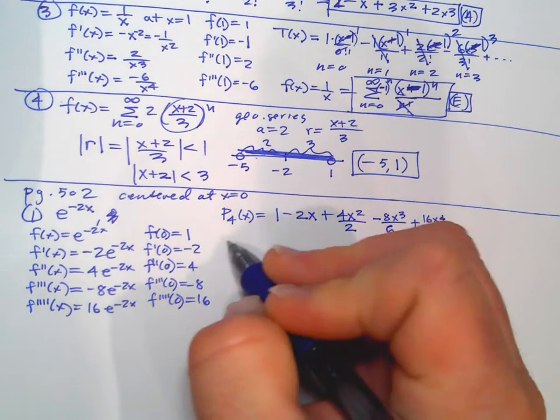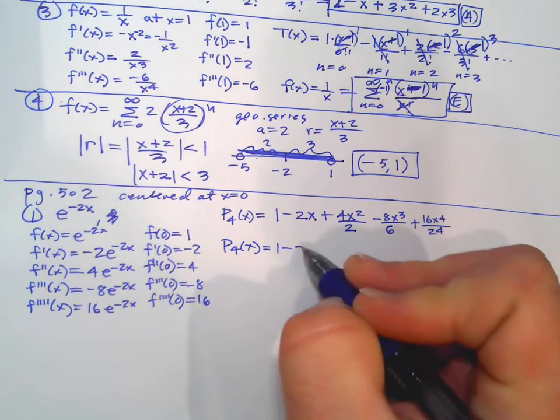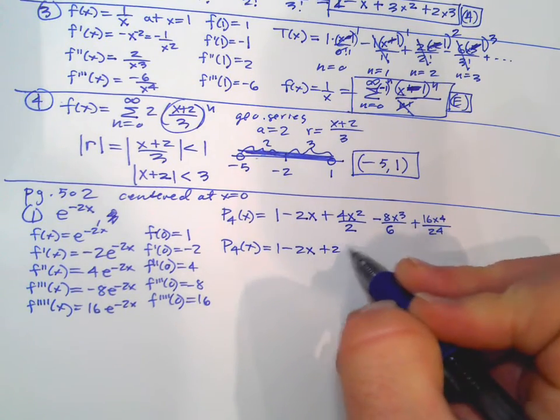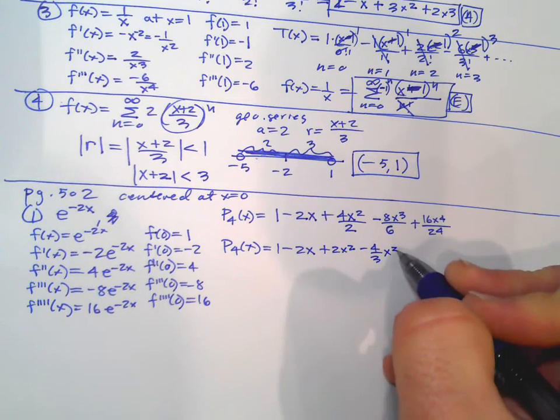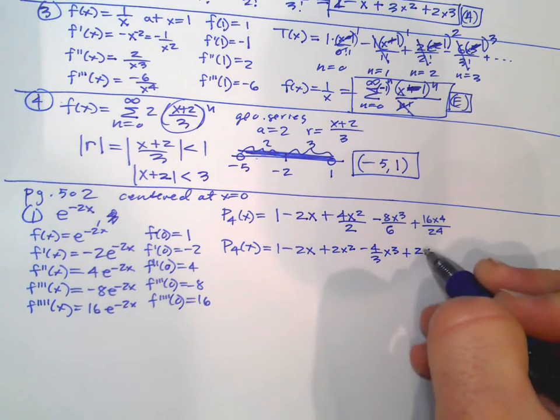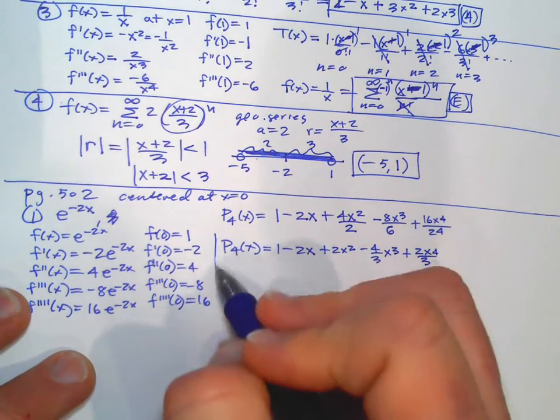So we could clean it up. 1 minus 2x plus 2x squared minus 4/3 x cubed plus 2x to the fourth over 3. So that's the fourth order.